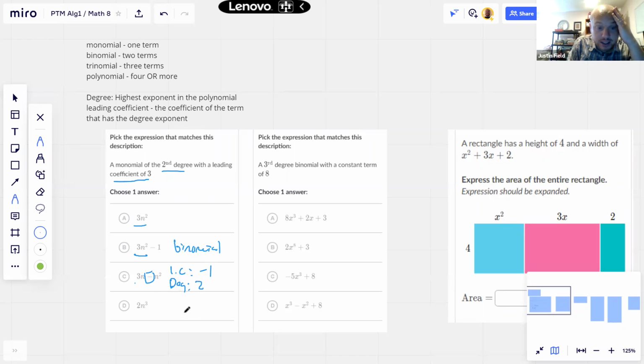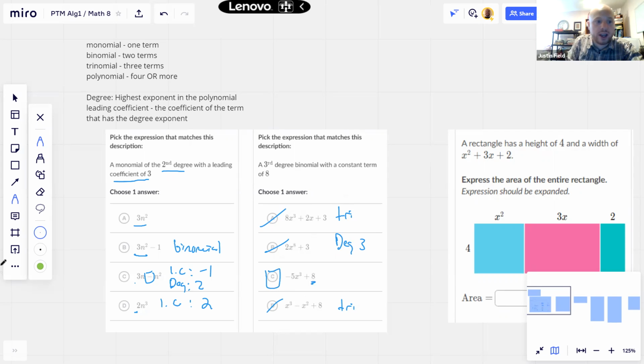So it does have a degree of 2, but also it's a binomial. And this one has a leading coefficient of 2. A third degree. This is out because that is degree 8. Binomial, well, this is out, that's a trinomial. This is out, that's a trinomial. This has got to be this one.